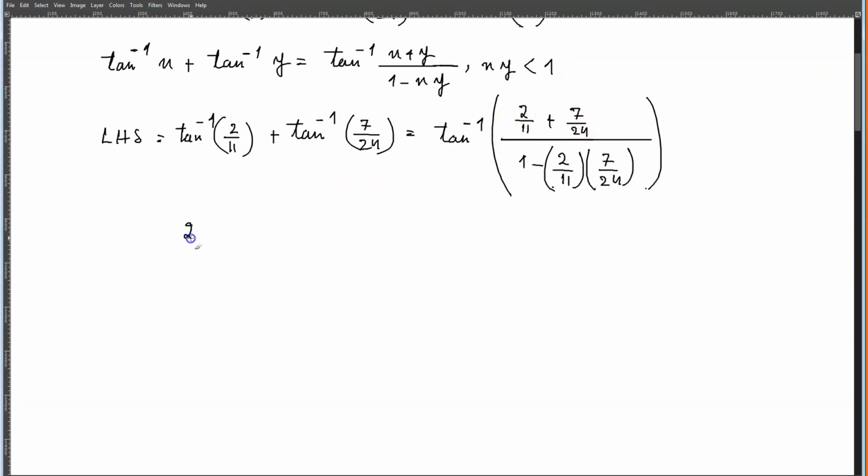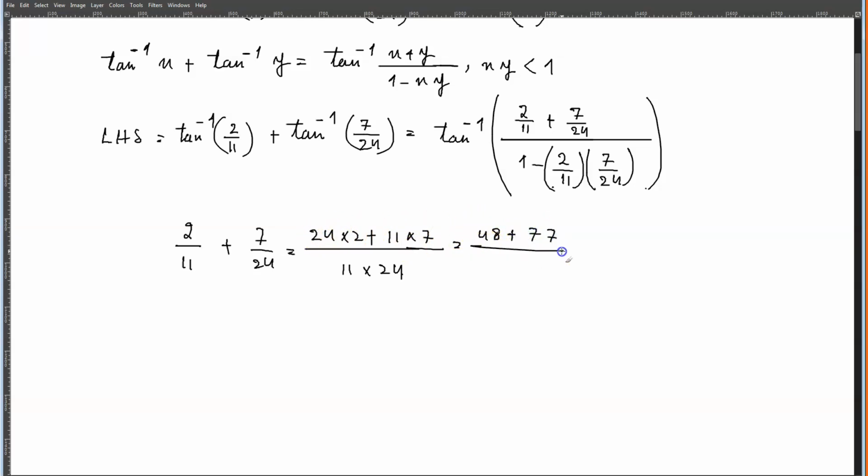So you know that 2/11 plus 7/24, since 11 and 24 have nothing in common, is the same thing as 24 times 2 plus 11 times 7 over 11 times 24, which is equal to 48 plus 77 by 11 times 24.